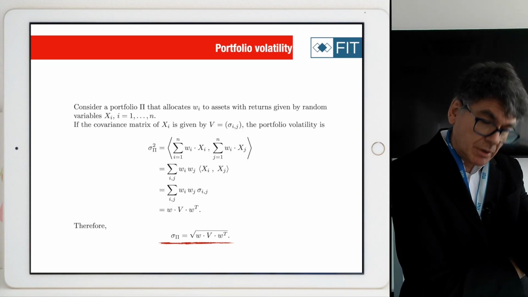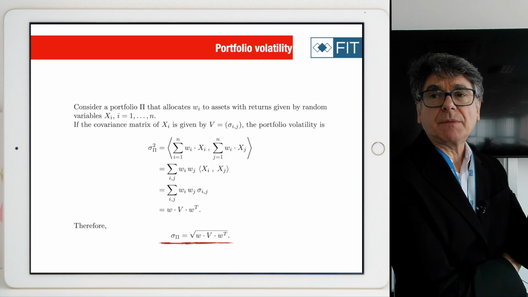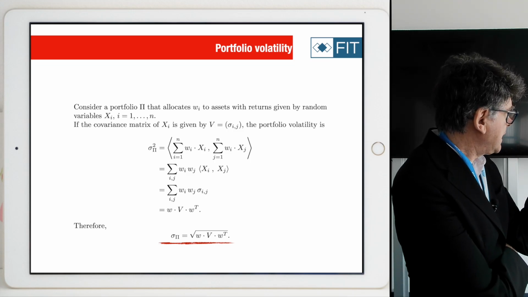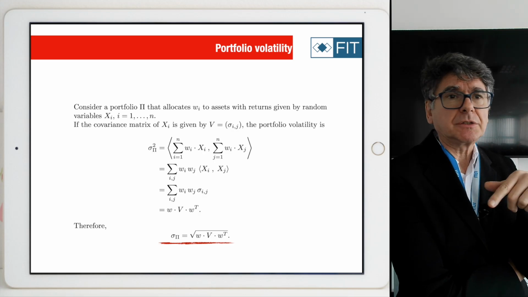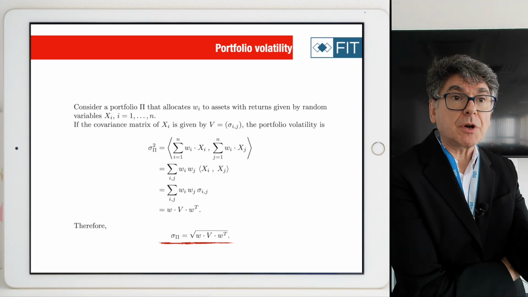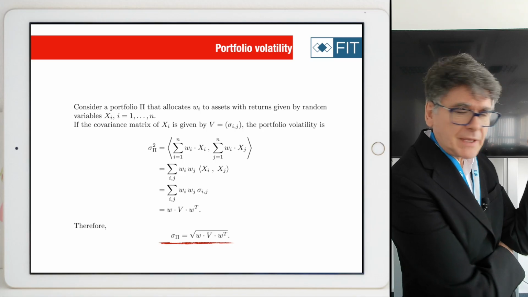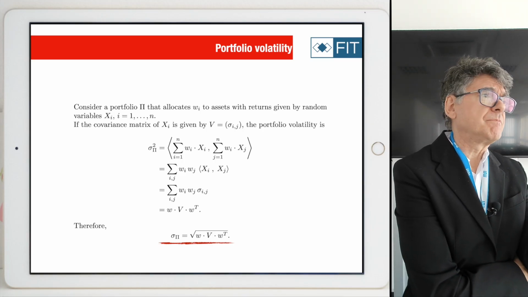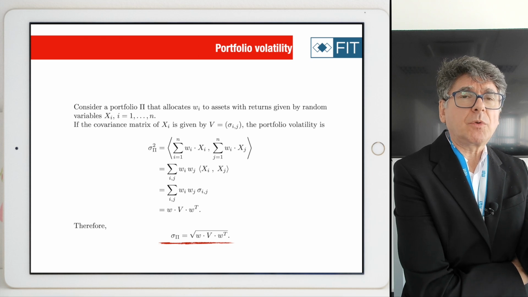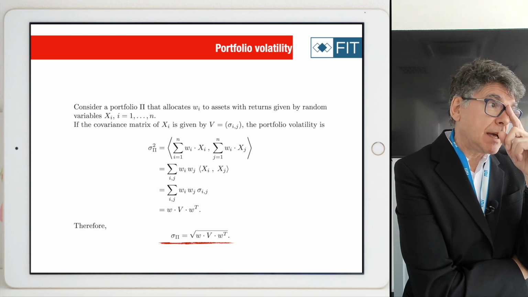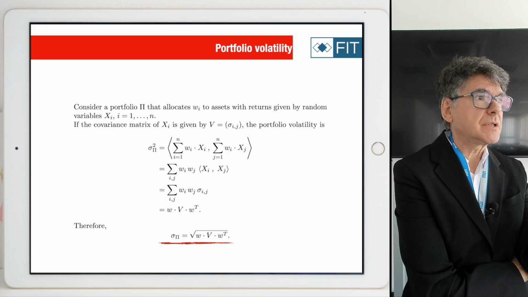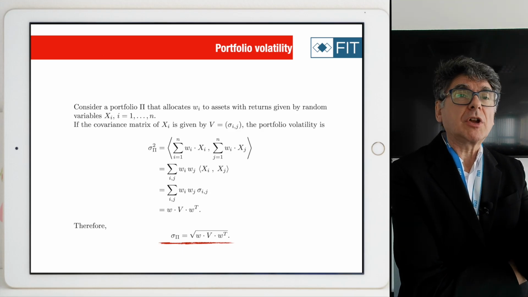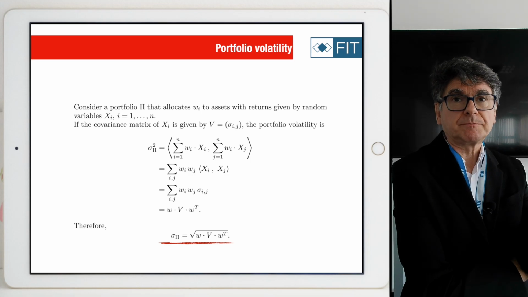And from there we observe something that we used yesterday. If my variance-covariance matrix is diagonal, my correlations are 0, then all the off-diagonal terms drop. And that's why I said yesterday that my portfolio of 100 swaps has a standard deviation which is 1/10 of the volatility of an individual swap.